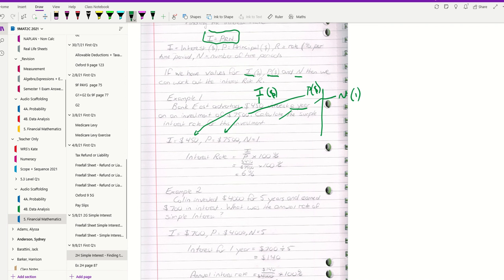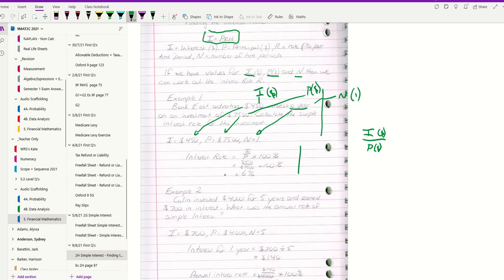Now our interest rate is like how much money we're getting, I in dollars, on what we started with, the principal. That is a percentage. We're finding the interest as a percentage of our principal per year.